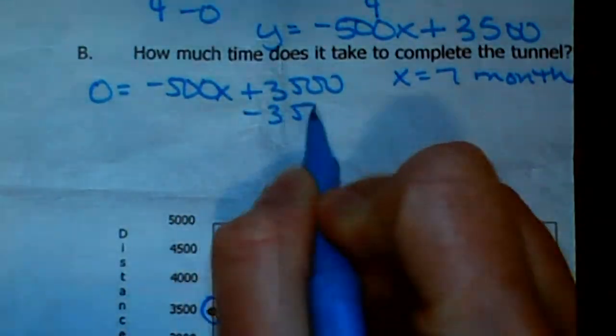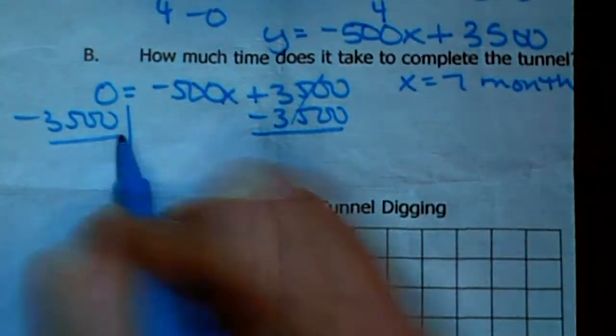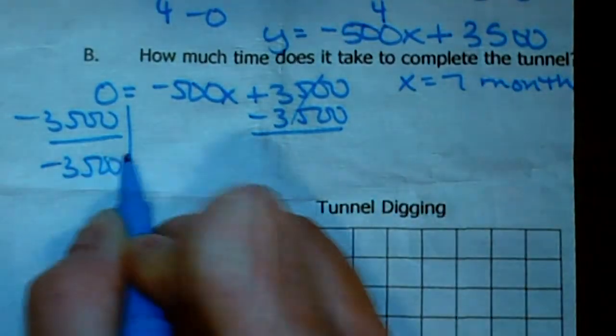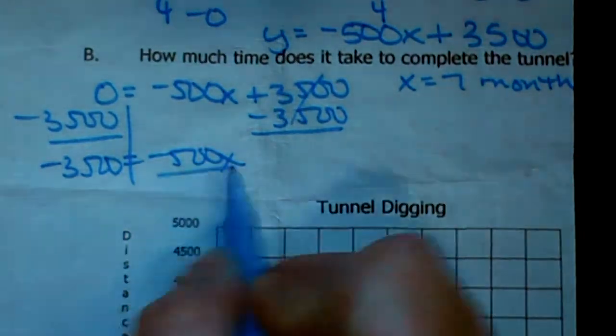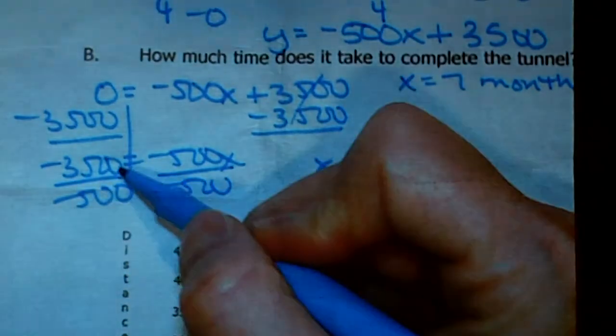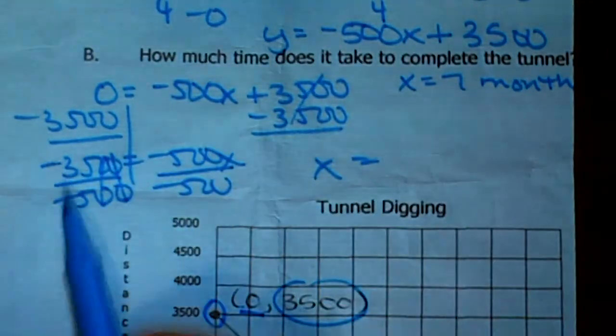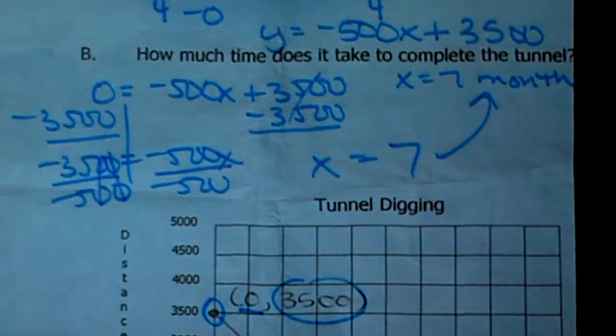So you can subtract your 3500, or add a negative, and you get negative 3500 equals negative 500x. You're going to divide by negative 500, and let's get rid of some of those zeros. A negative divided by a negative is a positive. 35 divided by 5 is 7, so we still get the 7 months.